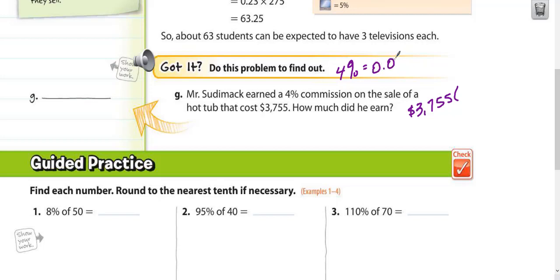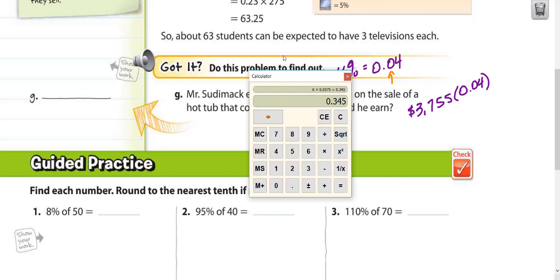So when 4% becomes a decimal, you have a 0. You have this 0 as a placeholder. You have to have that 0. So we're multiplying 3755 times 0.04.